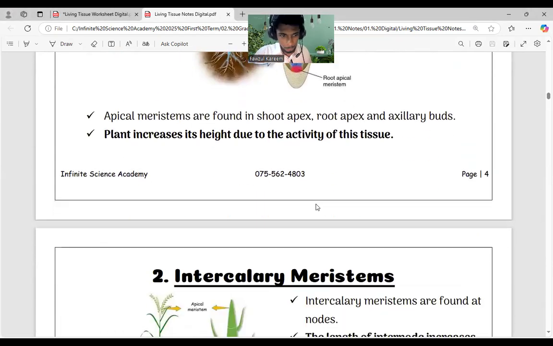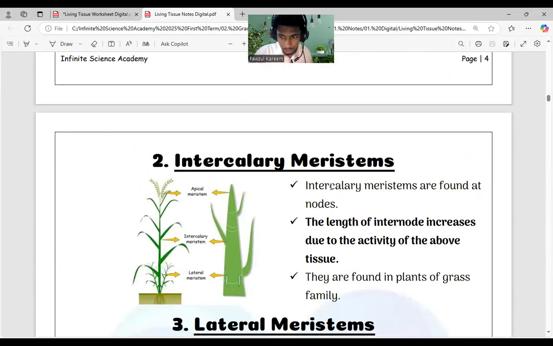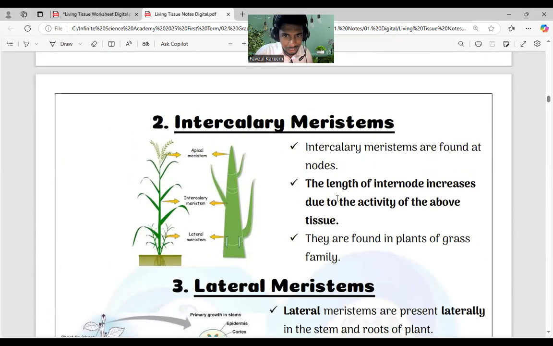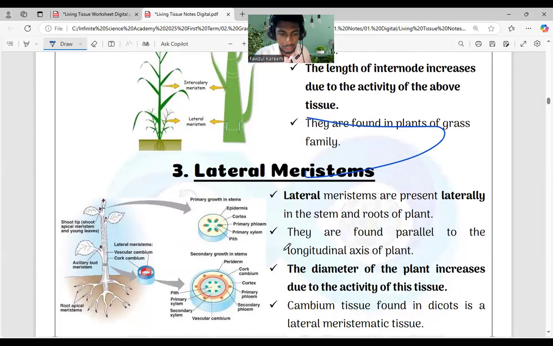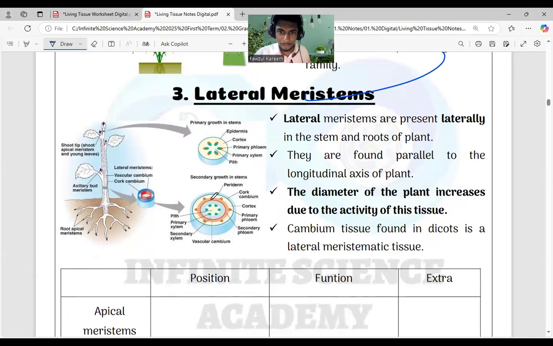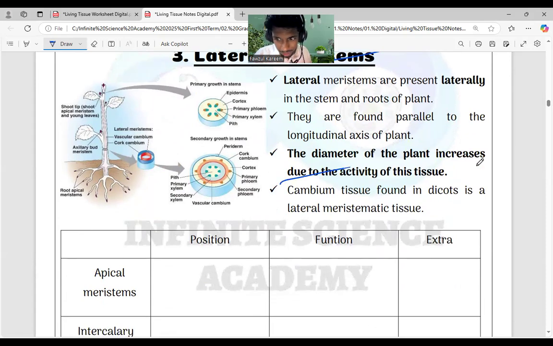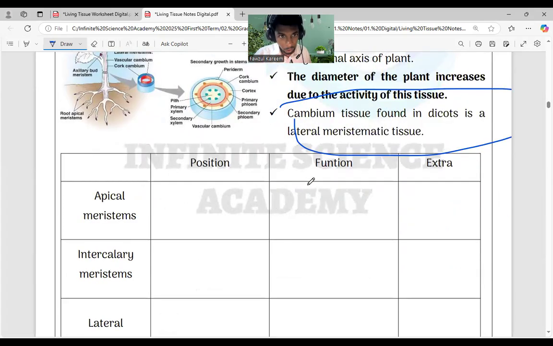Increase the height, that's all. For the intercalary meristem, they are found at the nodes, they increase the length of the internode, and the extra part you want to mention is they are found in the grass family. That is the extra part, is it clear? And third, lateral meristem, they are found laterally for the location, and the diameter increasing is the function. A special part you can mention like this: cambium tissue found in the dicot, they are lateral meristem.